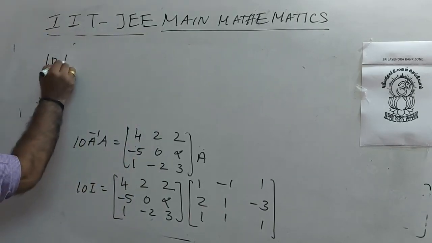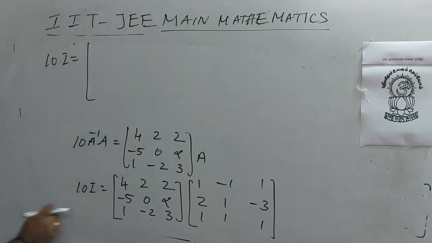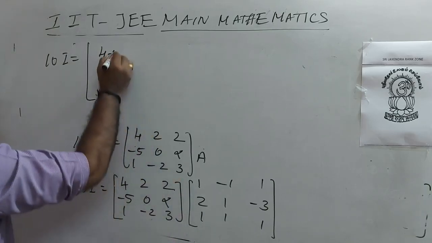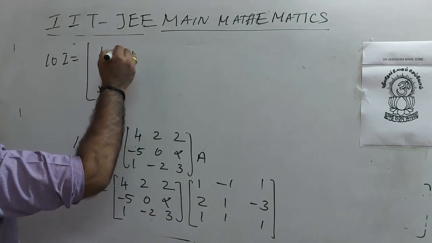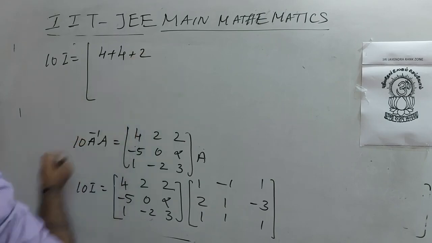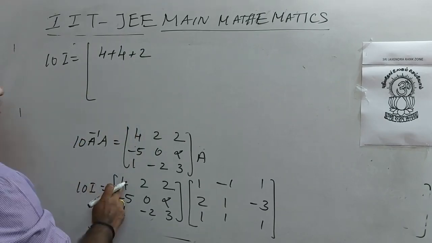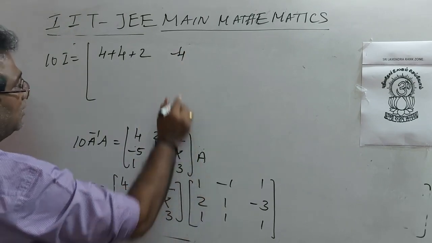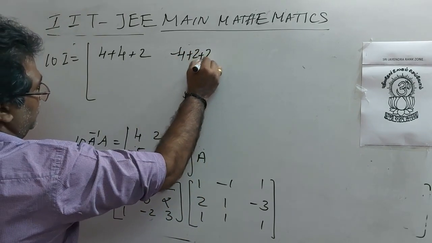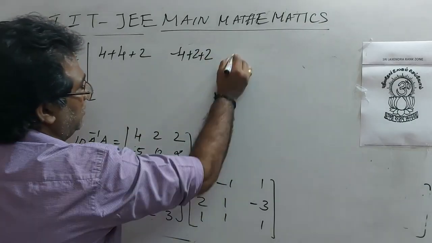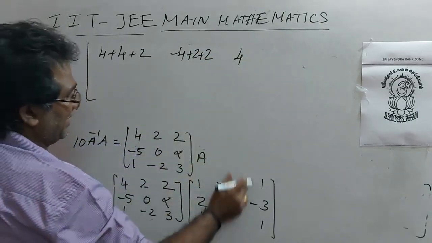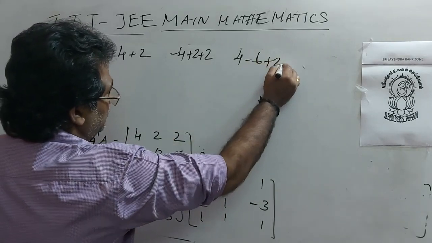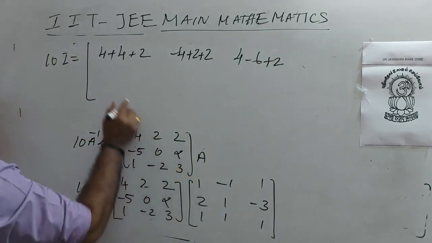So 10I equal to, you multiply: 4 into 1, 4 plus 2 into 2, 4 plus 2. 4 into 1 minus 4, 2 into 1 plus 2 plus 2. 4 into 1, 4, 2 into minus 3, minus 6, 2 into 1, 2, minus 5.